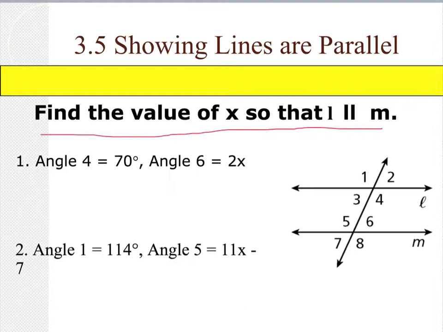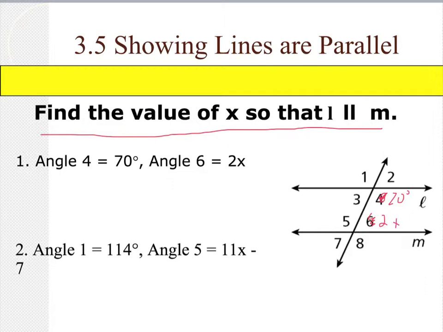Alright, so this says angle 4 is going to be equal to 70 degrees. Okay, so I'm going to cross out 4 here, 70 degrees. Then angle 6 is going to be known as 2x. Now, we know that if you look at those two angles and we assume that L is going to be parallel to M, we need to know that 4 and 6 are same side interior angles.